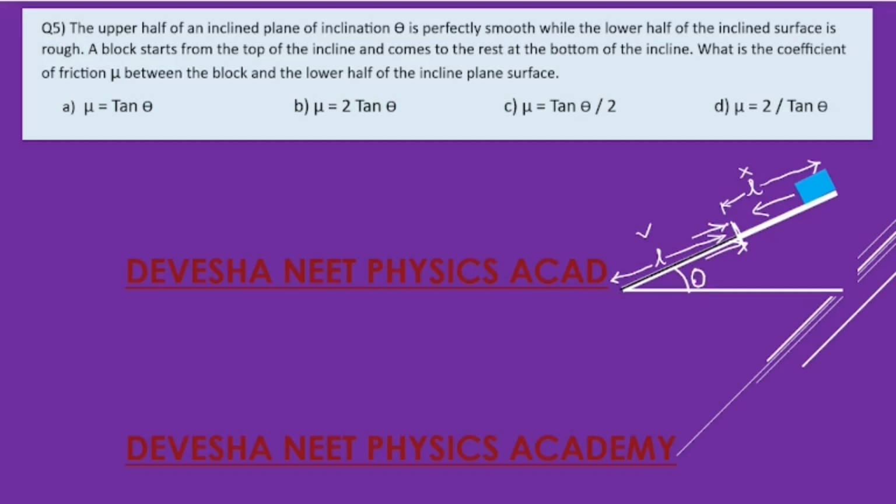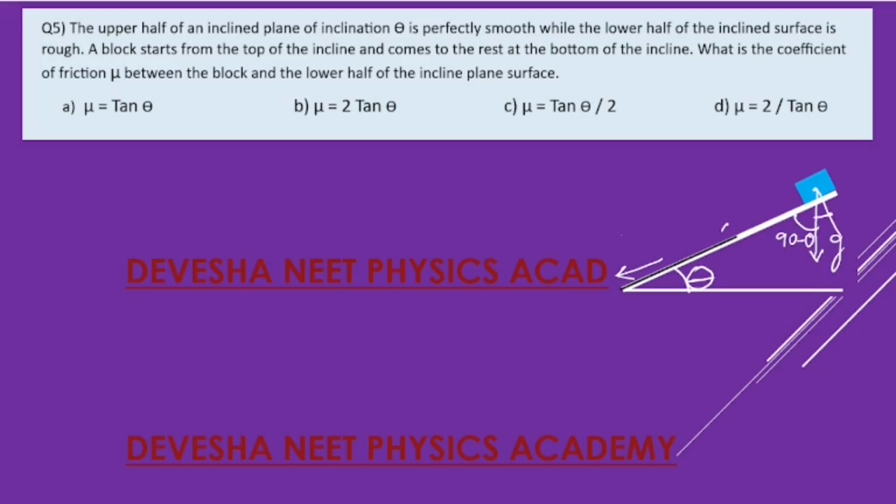Now imagine this angle is theta. We have seen in our previous problem that this is g, and this is 90 minus theta, because this is a right angle here.